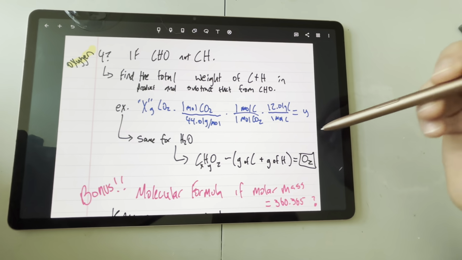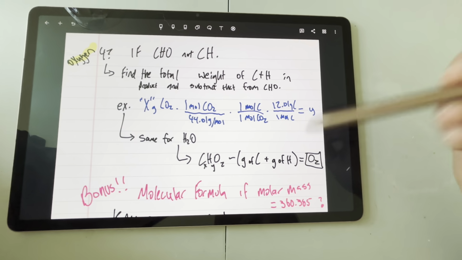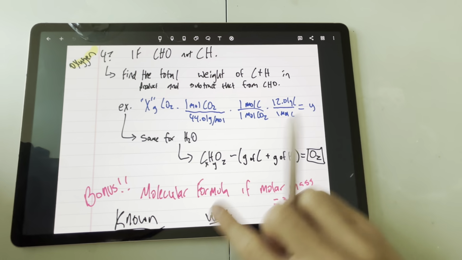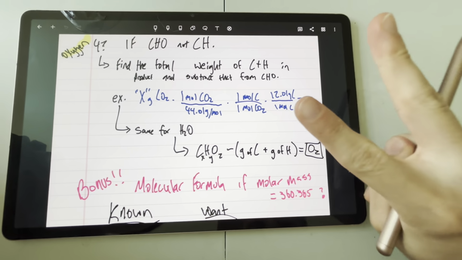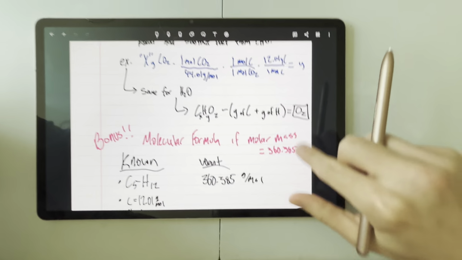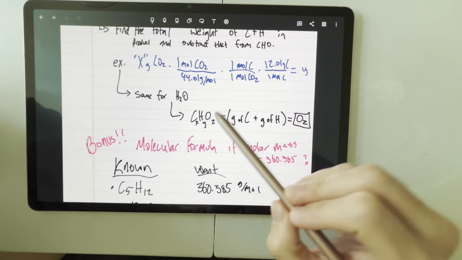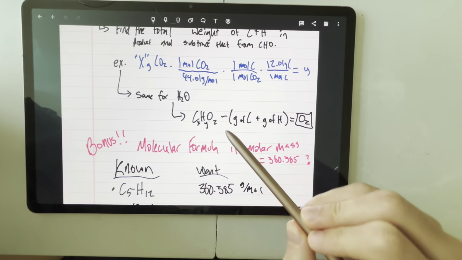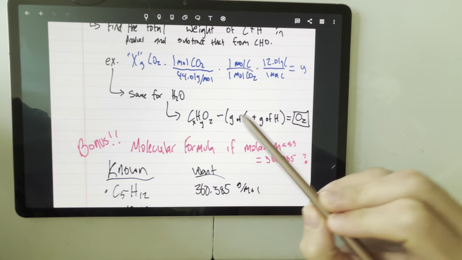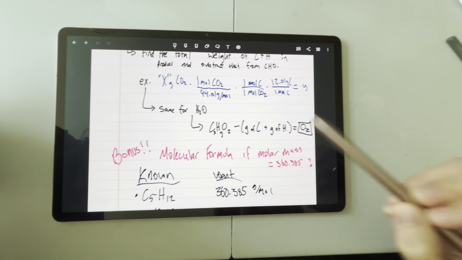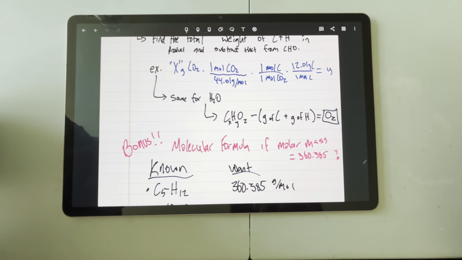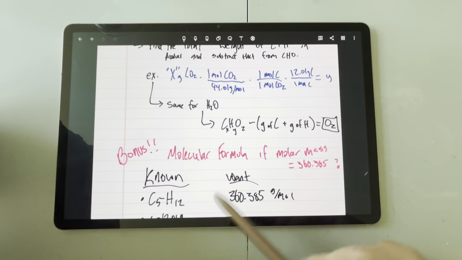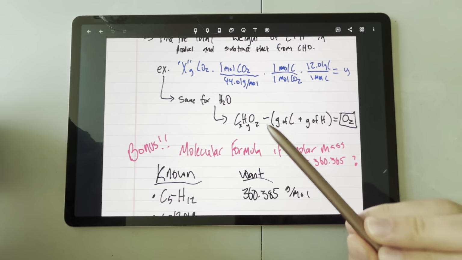Eventually we get some other number. We're going to do the same for H2O, and we're going to get these two variables. So eventually we're going to find the mass of this, and we're going to minus the mass of the carbon and the mass of the hydrogen, and eventually we're going to find the oxygen. It's that simple. Once you find C and H, you can find O.